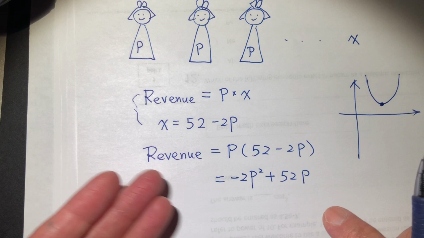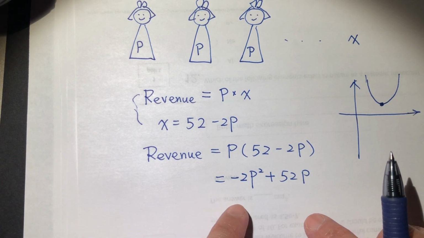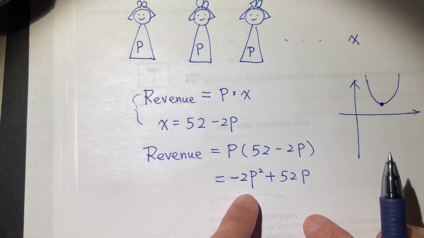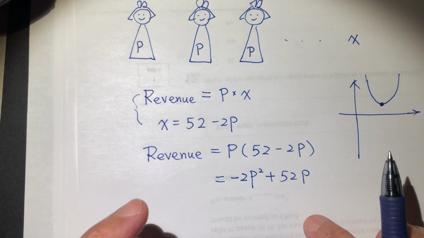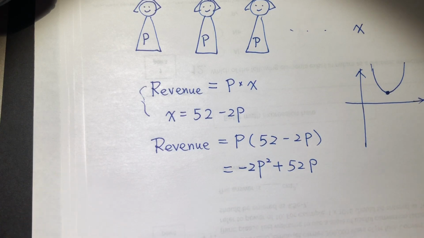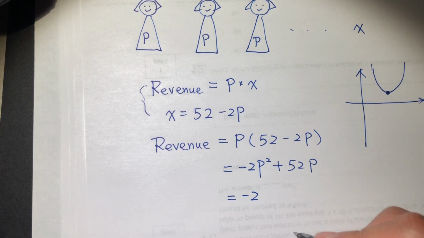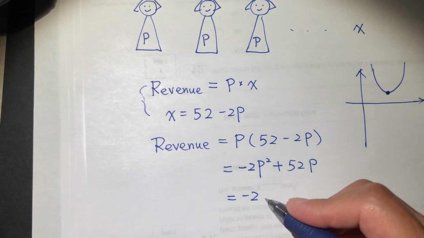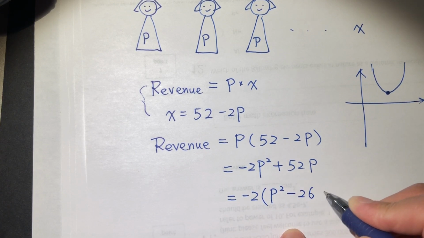There is a formula to figure out the vertex. If you still remember the formula, you can go ahead and use it. But I forgot that formula. I will use the complete the square method, which is more original and solid. So it's negative 2 times P squared minus 26P.